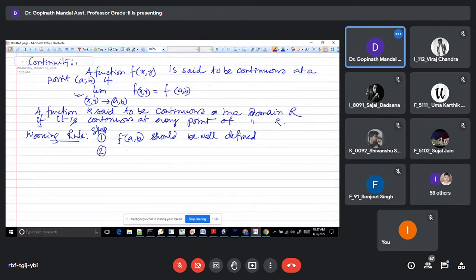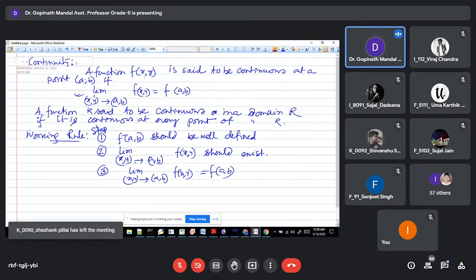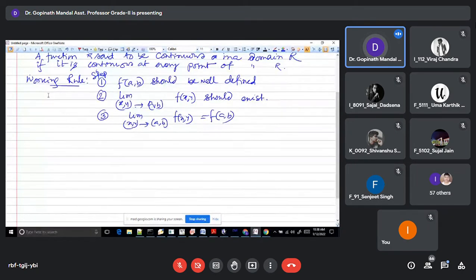Step 2: The limit as (x,y) tends to (a,b) of f(x,y) should exist. And third, the limit will be equal to f(a,b). These are the 3 rules for working to check continuity of a function at the point (a,b).